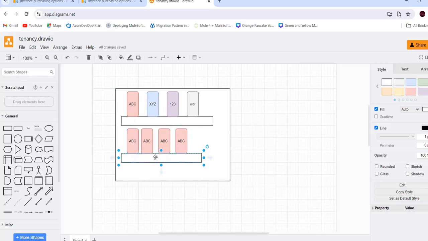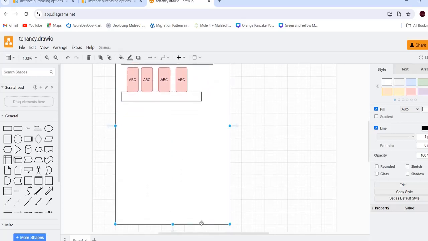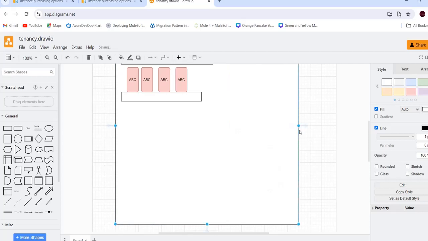But even in this case, this ABC organization doesn't have control over the dedicated host. It is only dedicated instances. This is not dedicated host. You need to understand the main difference. So this is the dedicated instances model. A single company or single organization can have their own multiple instances on the same physical server. So this is completely dedicated to this particular organization only.